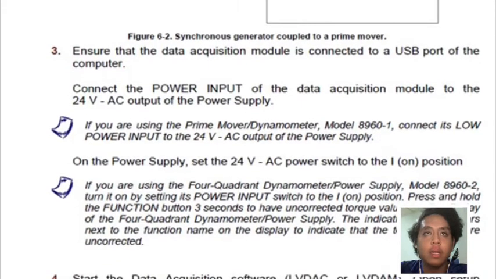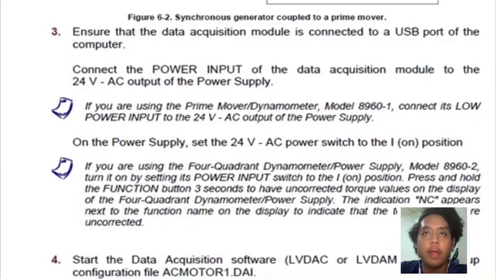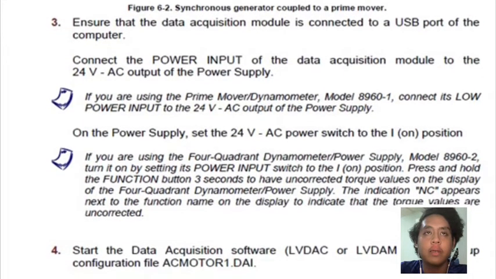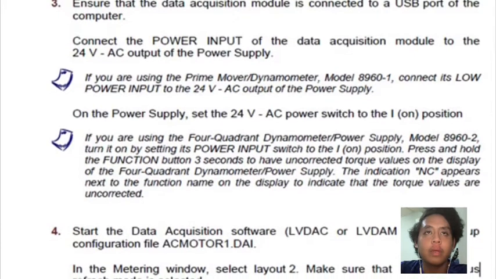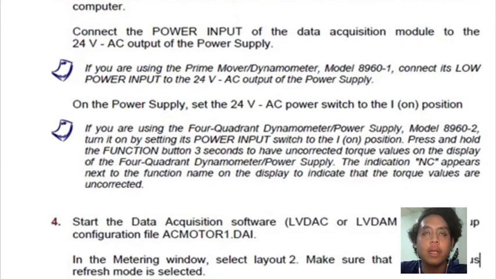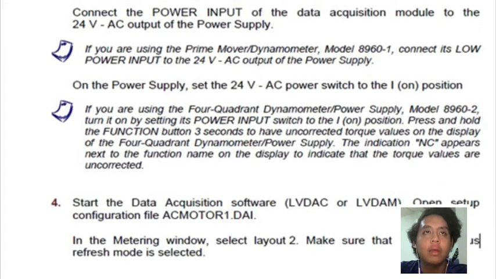Next, start the data software LVDAC or LVDAM. Open the setup configuration file AC motor. In the metering window, select layout 2. Make sure that the continuous refresh mode is selected.